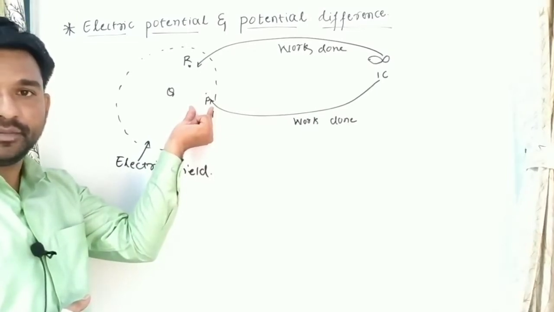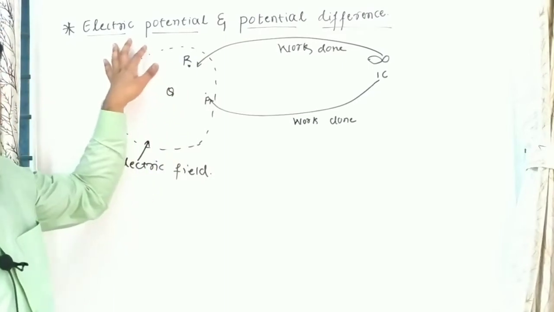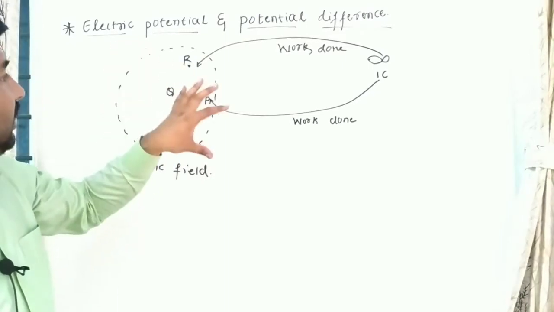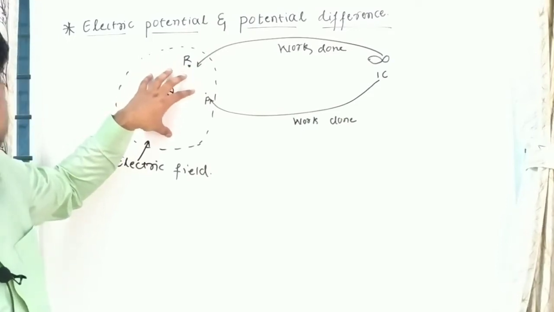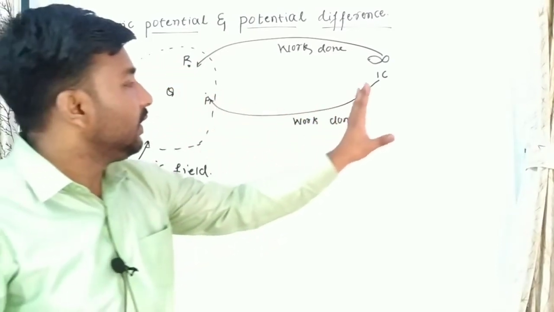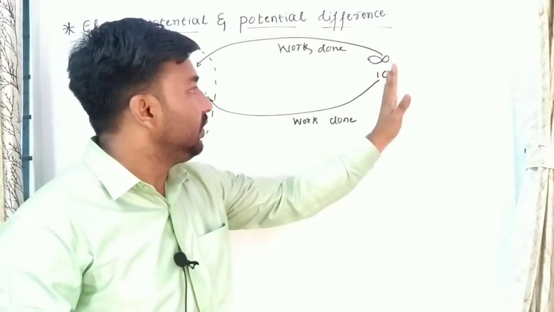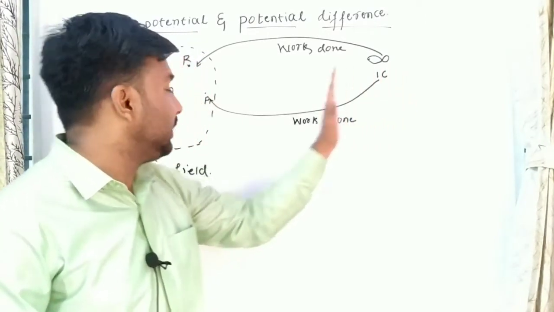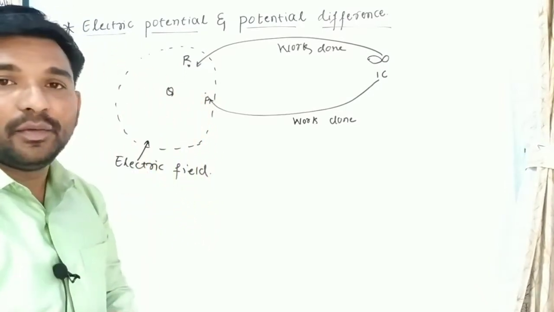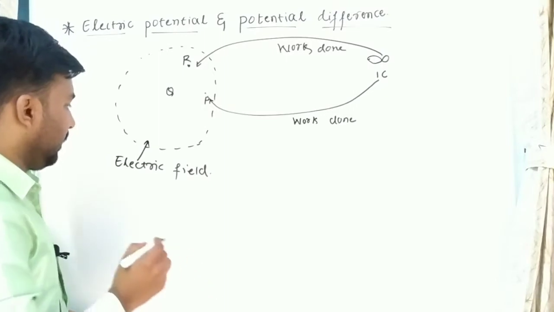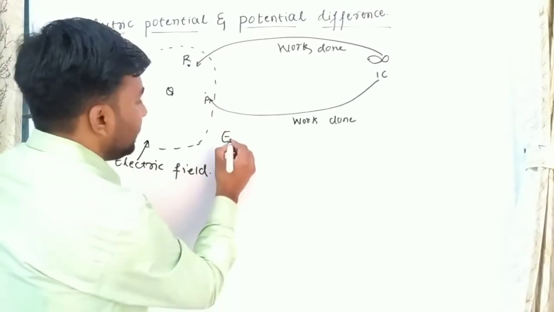Once again, electric potential in the electric field is the work done to move the charge from infinity to that point. Let us write the definition.